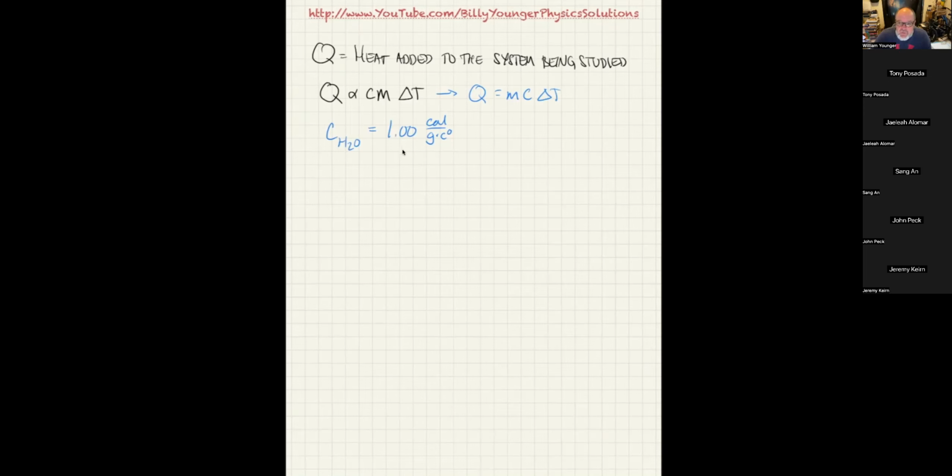So as a reminder of that, let me refer you to a table of specific heats. And the word specific, by the way, means per unit mass. It sometimes means per unit mole or something like that. And it's always a lowercase c.